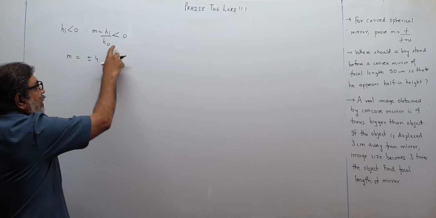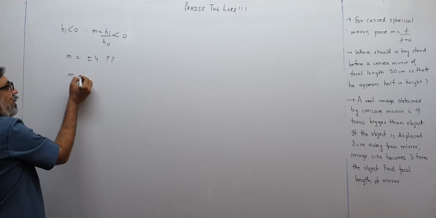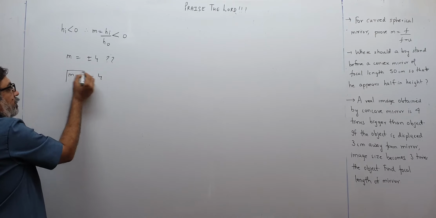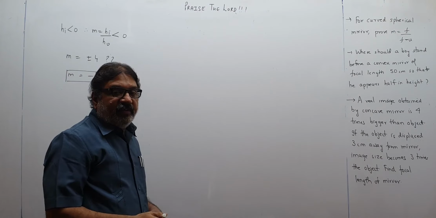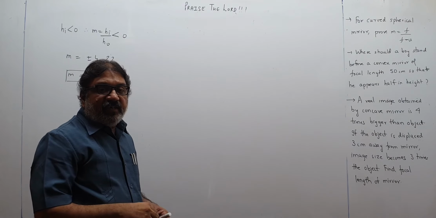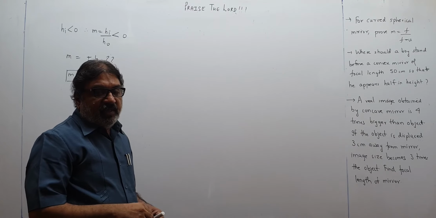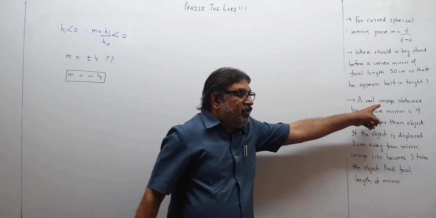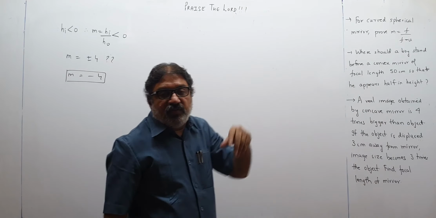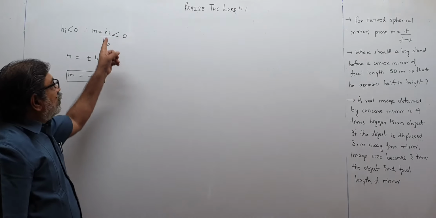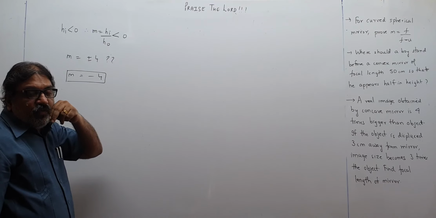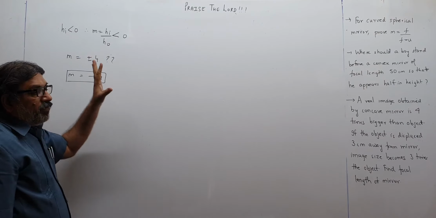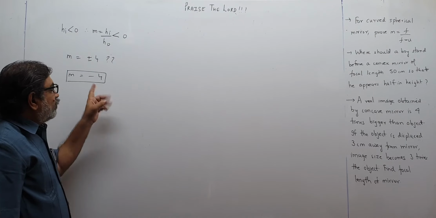We have already written M less than 0, so we write M is equal to minus 4, not 4, because we know magnification is negative, because HI is negative, because image is real. Image is real, so it is inverted. Inverted means HI less than 0. HI upon HO will be a negative ratio. Magnification will be negative. Image is 4 times object, so M is plus 4 or minus 4. It has to be taken minus 4.